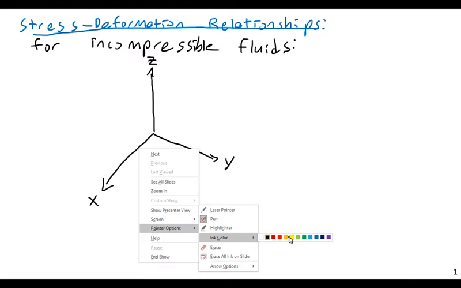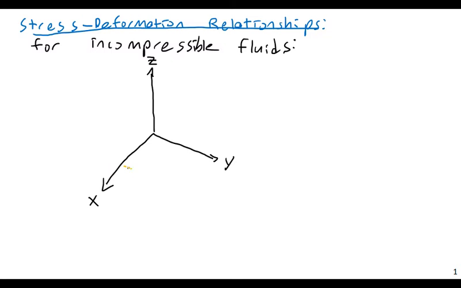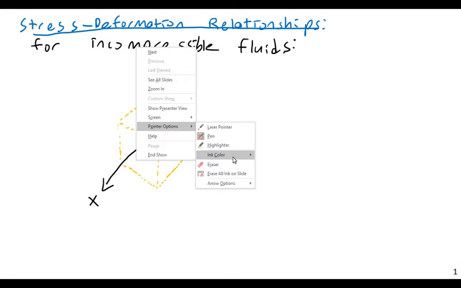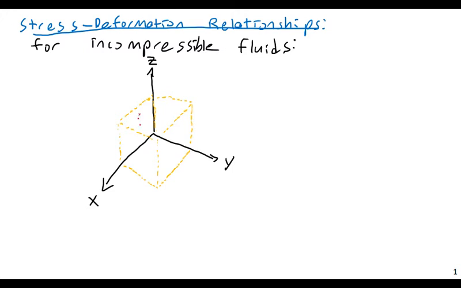Maybe I'll draw it in orange. In case you can't tell my poor art skills, this is meant to be a perfect cube, but best laid plans of mice and men. Okay, so this is a small differential element, and we'll consider three stresses on it.